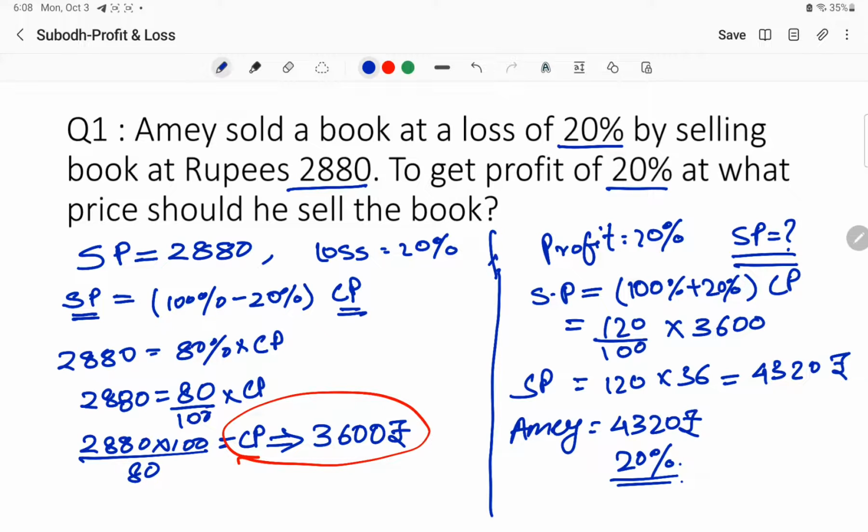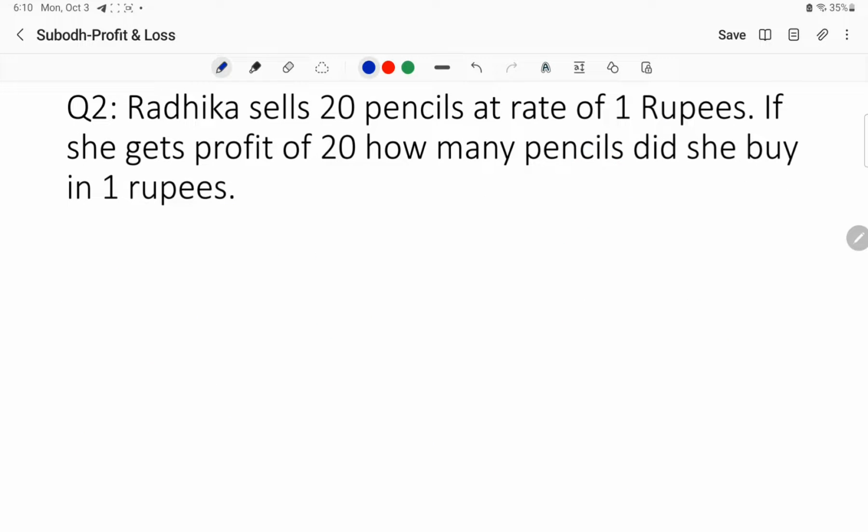Okay. So now let's see the second question. The second question is, Radhika sells 20 pencils at the rate of 1 rupee. If she gets a profit of 20%, how many pencils did she buy for 1 rupee? So here it is percentage.